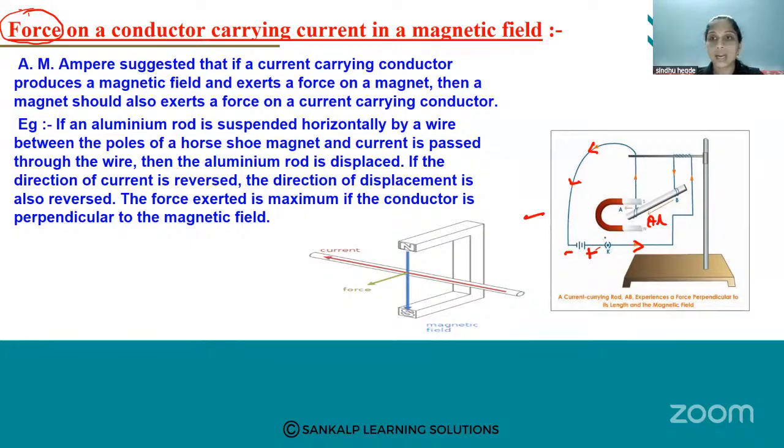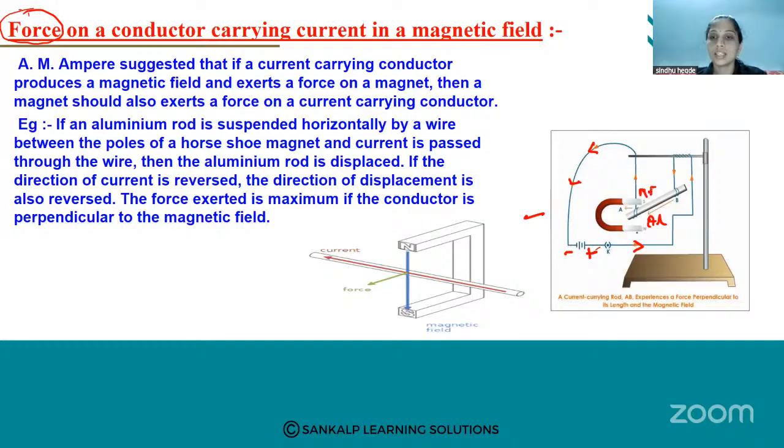It was proved by the scientist Hans Oersted that when the current flows through the conductor, a magnetic field is generated. It's already proved. So when the current starts flowing through this aluminium rod, a magnetic field is generated.